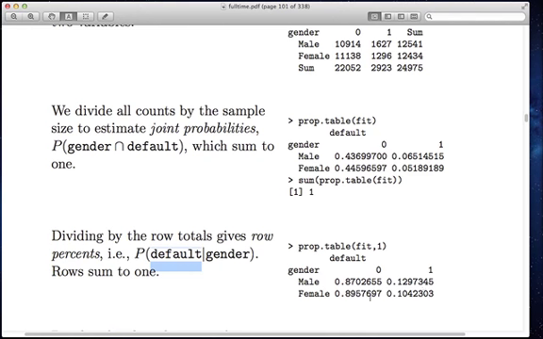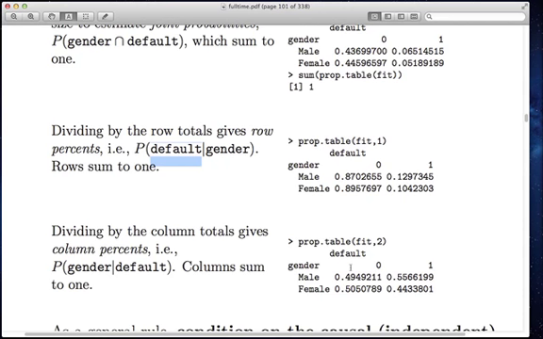Those are row percents, because we're restricting our universe to individual rows, as opposed to column percents, where we condition on the columns. Let's interpret this number. This number says 44% of the people in this column, so 44% of defaulters, are female. And notice that 56% of defaulters are male.